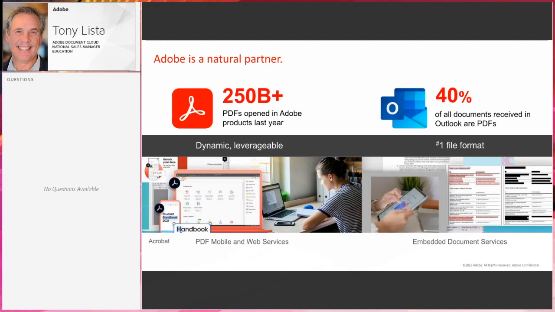I set this up this way because it's a great way to think about how automation can take place and where you can add value. If 40% of your documents coming into your email system are PDFs, why not use the power of Adobe to help automate some of those features?